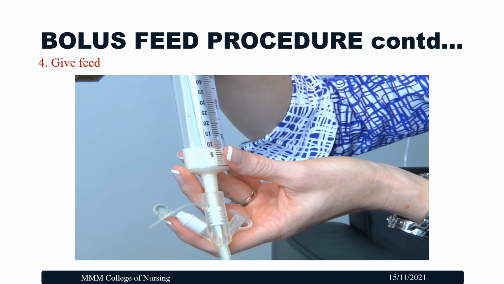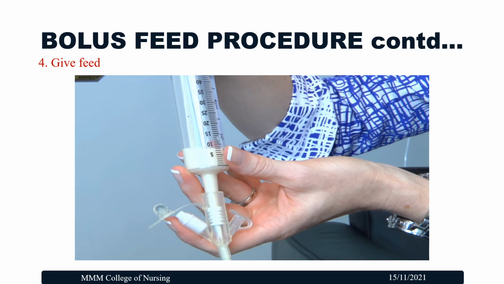In giving the feed, fill the syringe with a set amount of warm water and gently push it through the feeding tube. This is considered a flush. Measure the set amount of formula into a measuring cup and then remove the plunger from the syringe and attach the syringe to the feeding tube. Pour the formula into the syringe and then hold the syringe higher than where the feeding tube goes in.